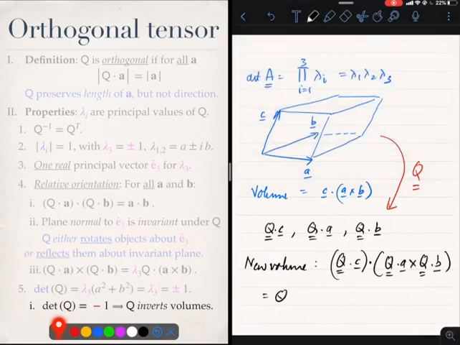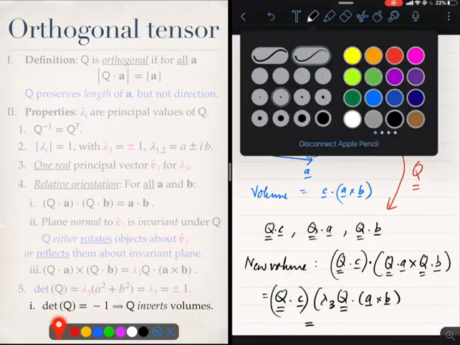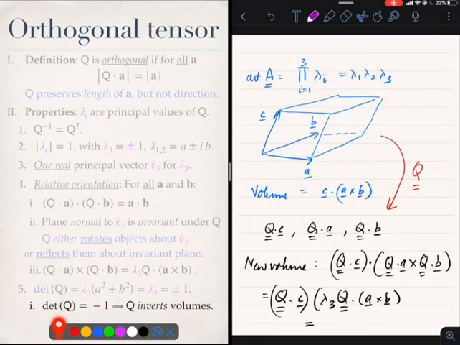So this will become Q C dot lambda 3 C, and you can bring Q over to this side by using the formula that Q a dot b is a dot Q transpose b.